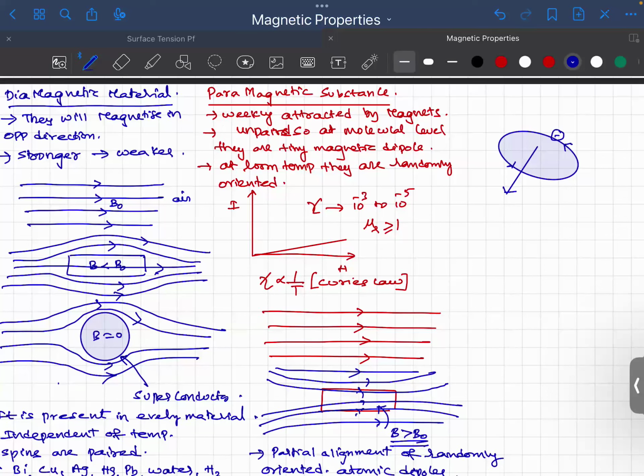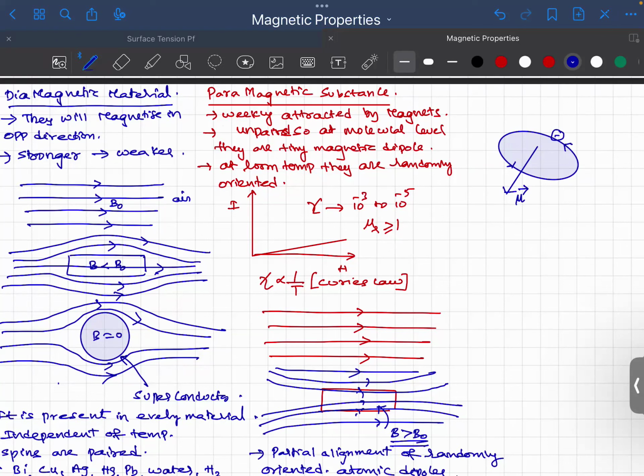If it is a direct current, by the right hand grip rule, the thumb is upwards. Because this is an electron, the magnetic moment, mu bar, is downwards. For one molecule, this is the direction of the dipole moment. For another molecule, it may have a different direction. Due to thermal agitation, they are randomly oriented. The net moment in any direction is zero.